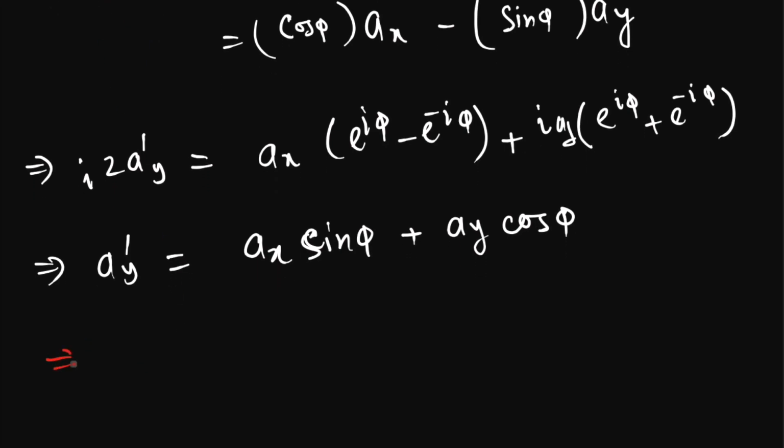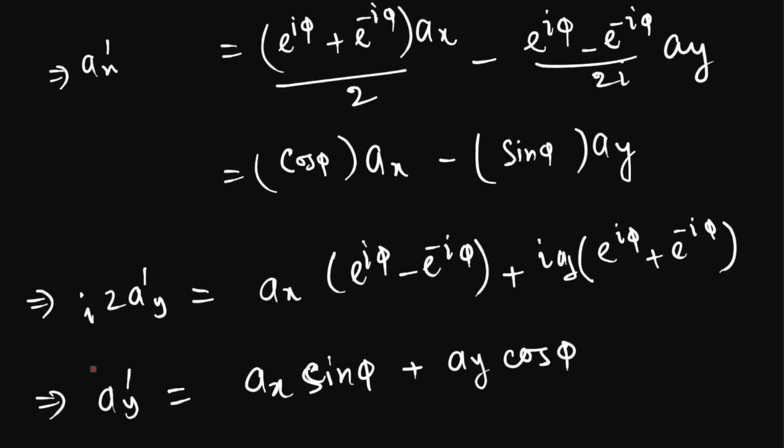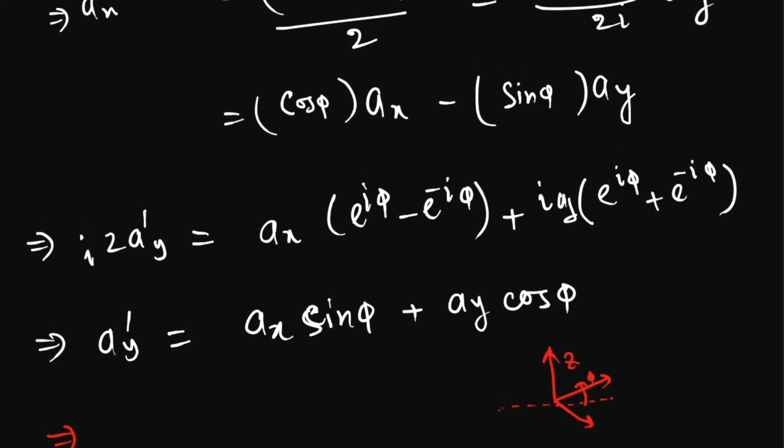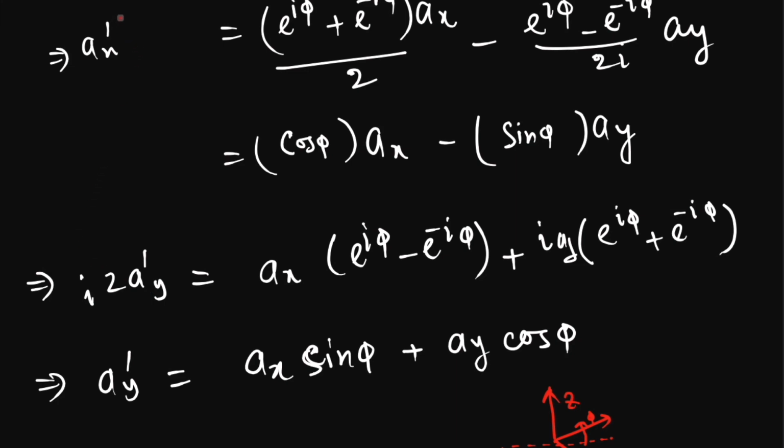That means this is nothing but we give a rotation phi around the z axis. So ax prime is changed to cos phi ax minus sin phi ay.